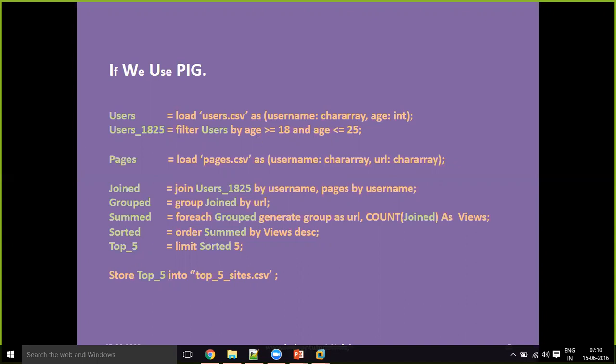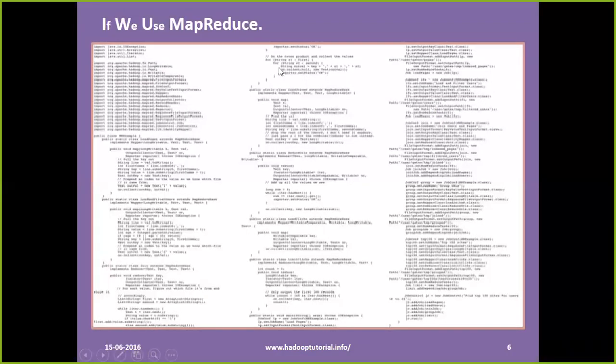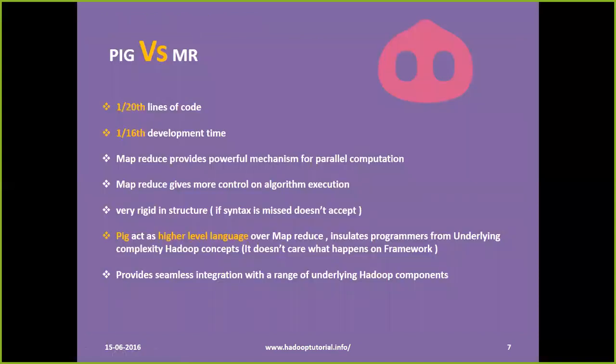Whereas if I have to do the same problem in MapReduce, this much code I need to write. This is a screenshot of that MapReduce program. So the major advantage is just 1/20th the lines of code.